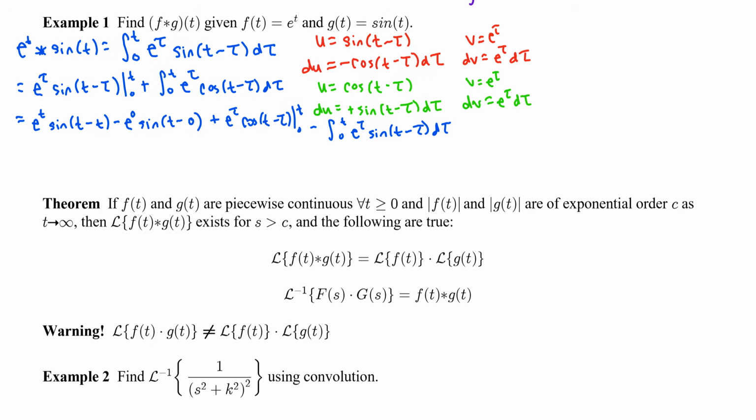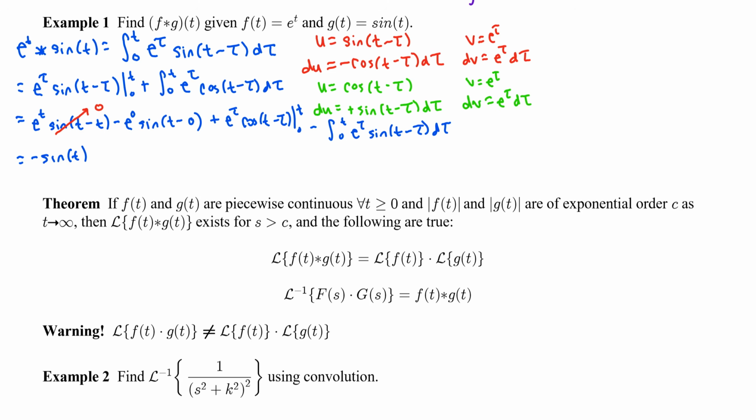So continuing our simplification, notice over here in the first term we have e to the t times sine of 0. Sine of 0 is equal to 0. So we have obliterated that first term. On our second term, we have e to the 0th, which is 1, times sine of t, and we have a negative out front.